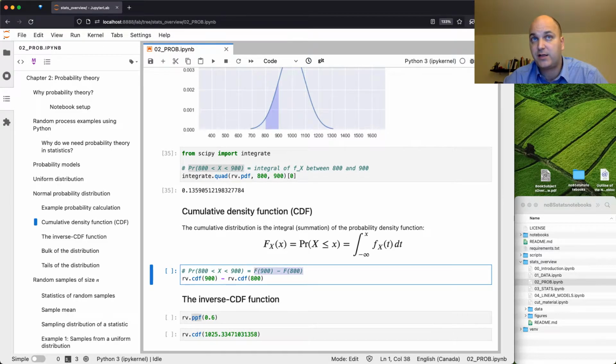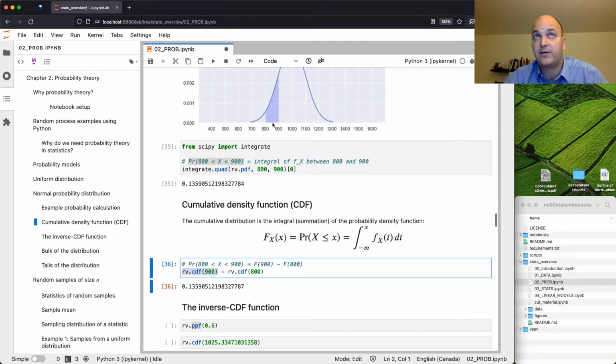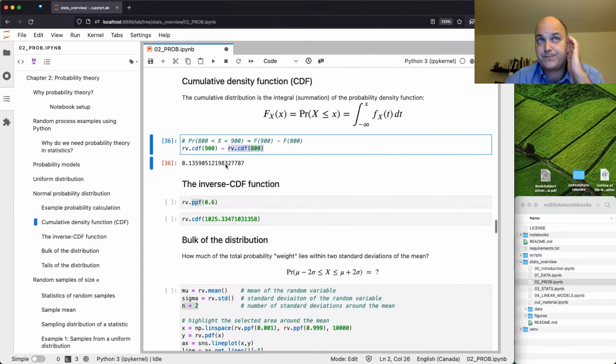You can obtain that answer by just subtracting the CDF. This is the integral all the way to 900, and this is the integral up to 800. So we subtract them to get the shaded region. People familiar with calculus will recognize this is the basic rule of the antiderivative giving you the value of integrals.